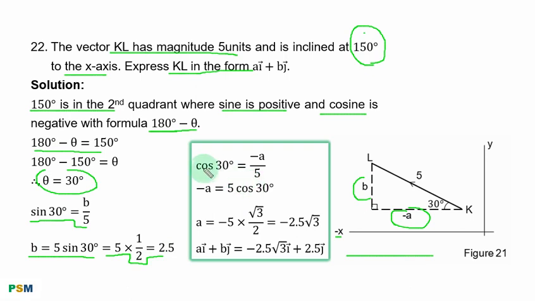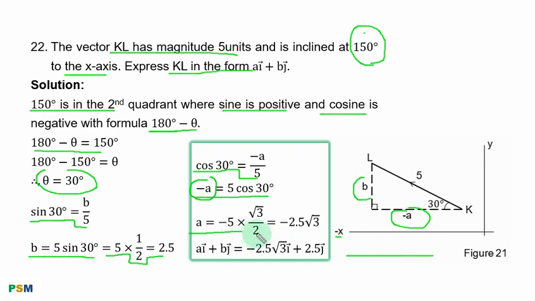2.5. Cos 30 degrees is equal to minus a over 5. Multiply through by 5 to clear fraction. Again, multiply through by minus 1 in order to have a to be positive. That minus 1 times 5 becomes minus 5 times root 3 over 2, the value for cos 30 degrees.